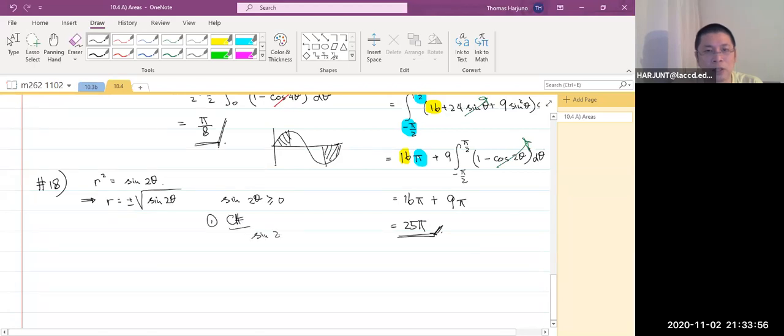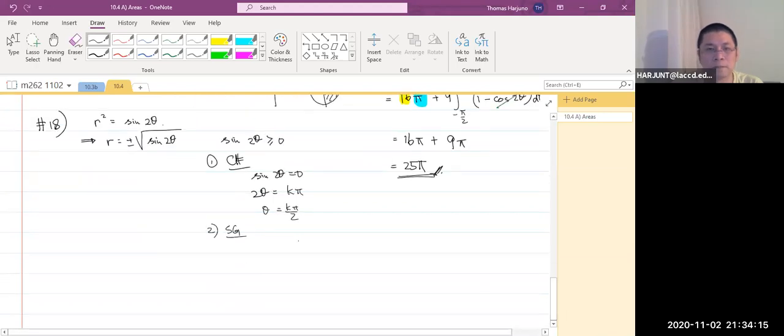Sine 2 theta equals 0, and 2 theta equals k pi. Theta equals k times pi over 2, the sine graph 0, pi, 0, pi and 1. In the first quadrant, that's positive, negative, positive.